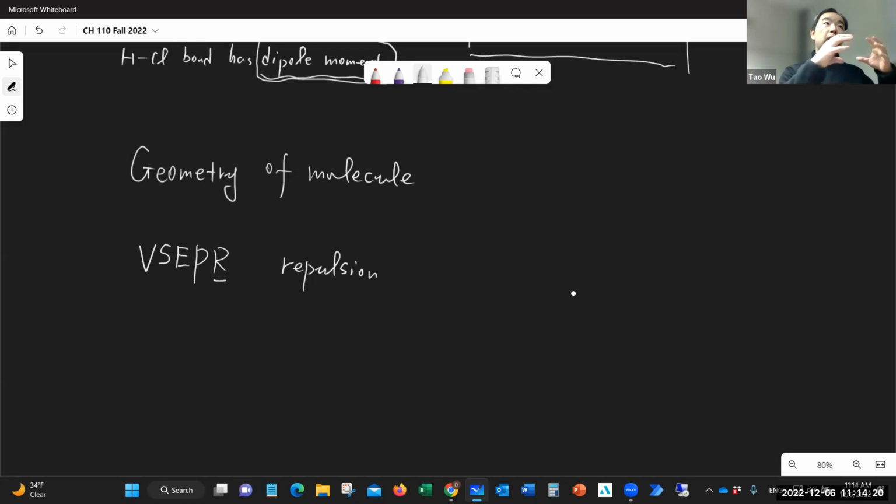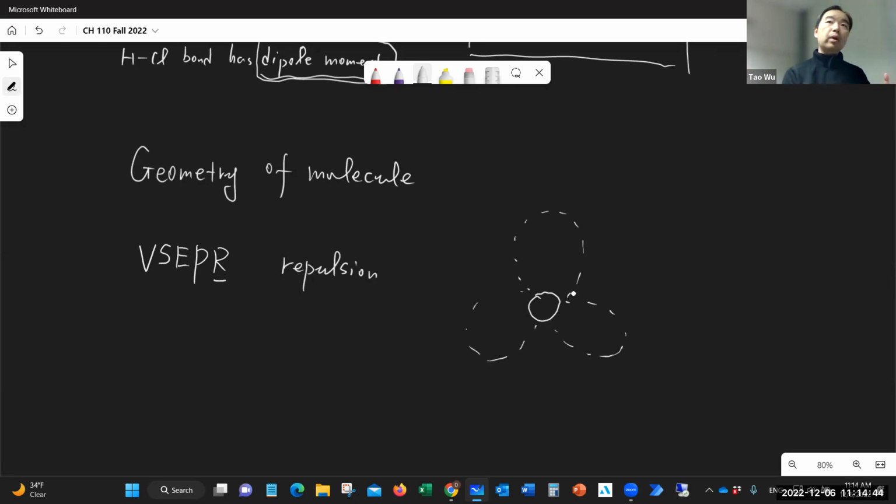It's because the electron cloud occupies space. We have a central atom here, and the outside of the central atom is not nothing. It's occupied by some electron clouds.